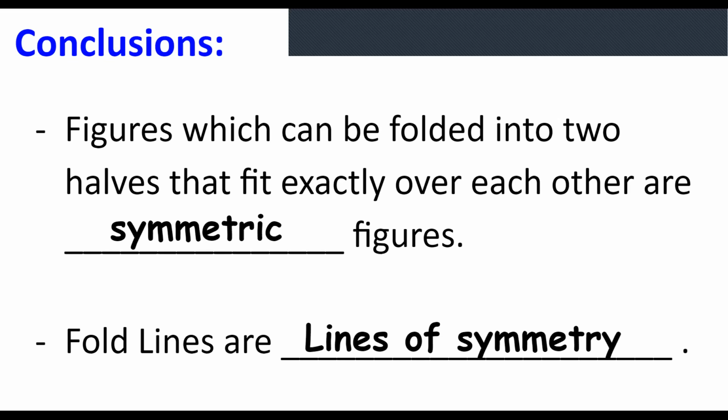Come, let's read it. Figures which can be folded into two halves that fit exactly over each other are called symmetric figures. Can you say symmetric figures? Four lines are lines of symmetry, such that when I do something on one side of the paper, it happens on the other side of the paper too when I'm folding.